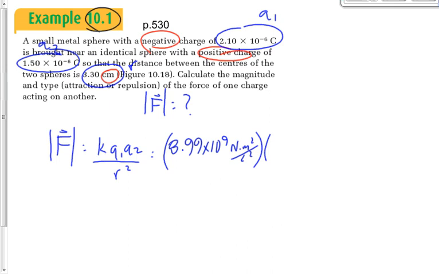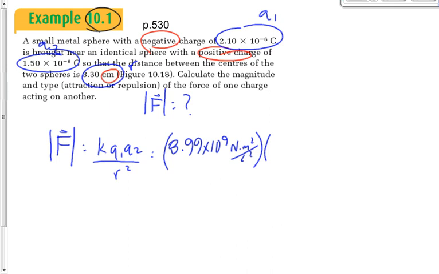Which charge is which? Which charge is Q1? Which charge is Q2? 2.1 or 1.5? Let me ask you this question. Kirsten, what's 1 times 2? 2. Very good. Emma, what's 2 times 1? You guys are amazing. 1 times 2 is 2. 2 times 1 is 2.